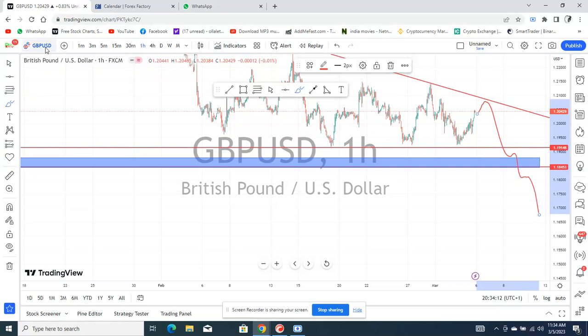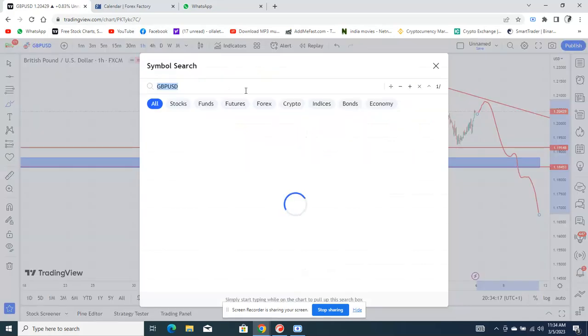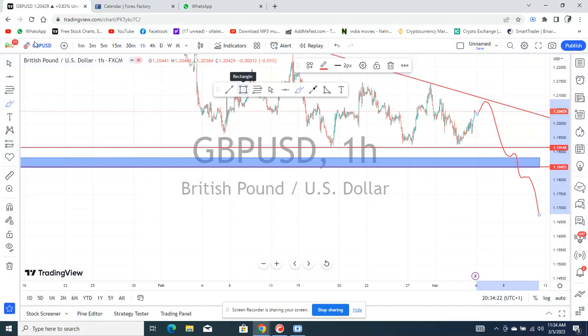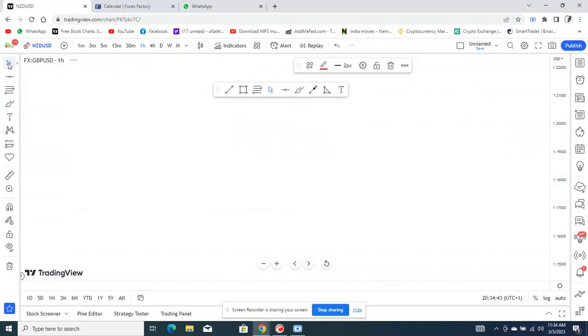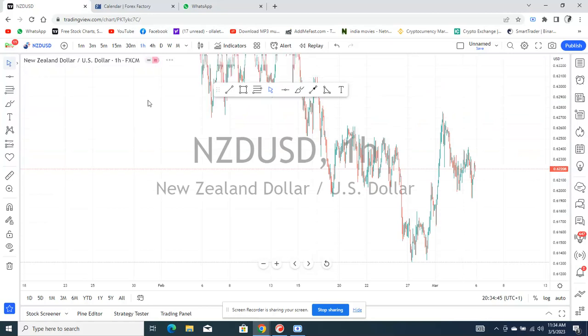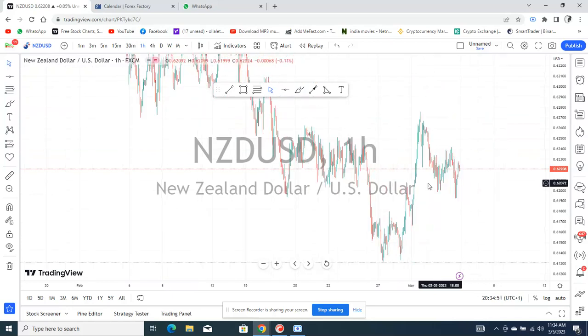Now let's check NZDUSD. In the case of NZDUSD, this is NZDUSD on the 1 hour time frame.